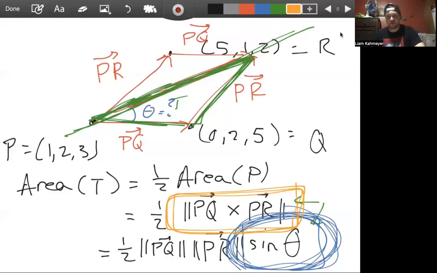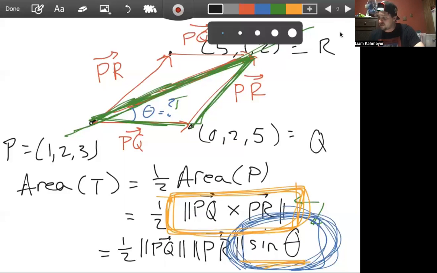But I wrote both of these down to emphasize that depending on the context, one description of the area can be more convenient or better for a given context than the other, right? And so here, since we don't have an angle theta, let's just compute the cross product and then take a magnitude.